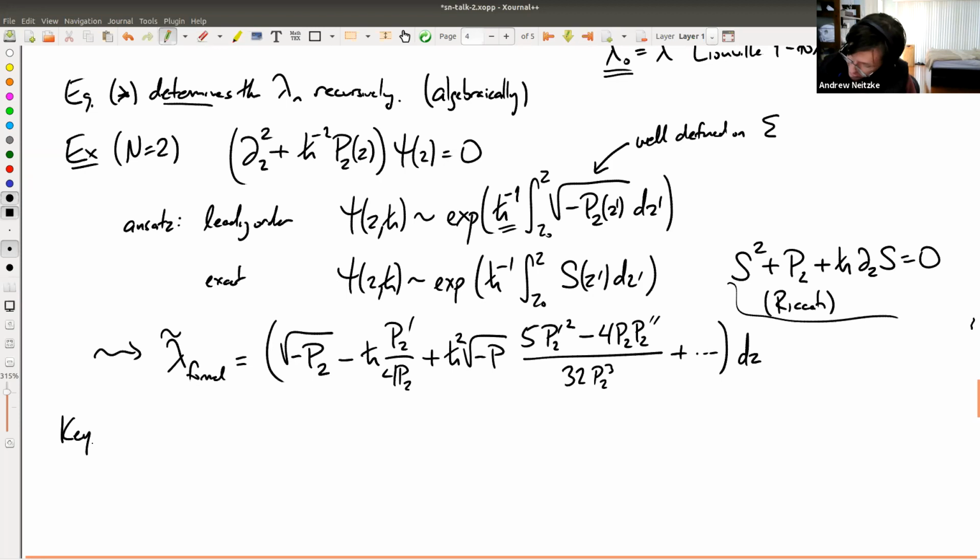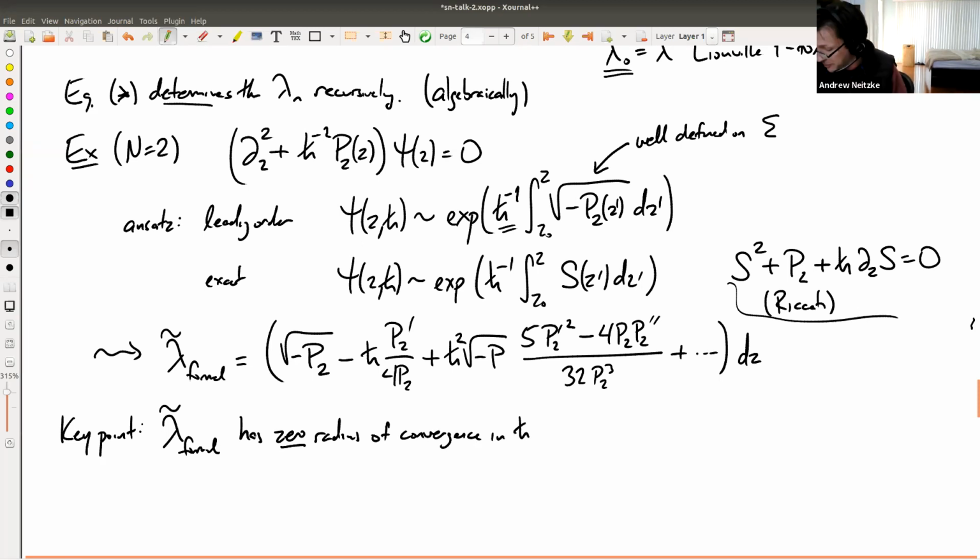So the key thing is that this lambda twiddle formal has 0 radius of convergence in the h bar plane. It's a series in h bar, just to be sure. For every value of z, we have one of these series. For every point of the curve, we have this series, and it has 0 radius of convergence, as long as there exists at least one branch point.